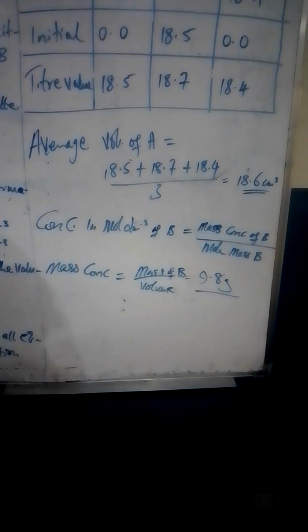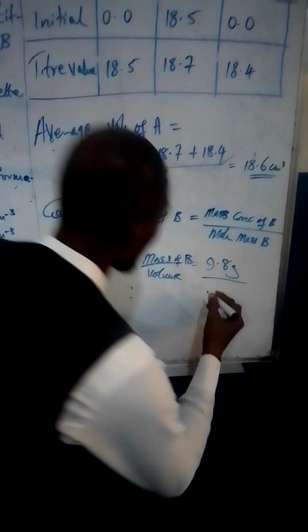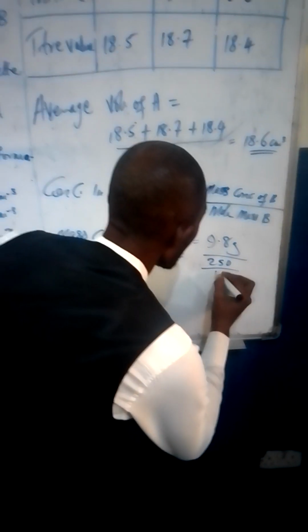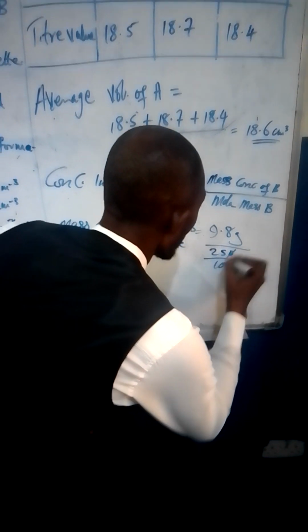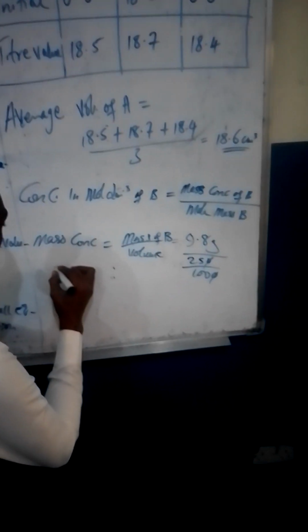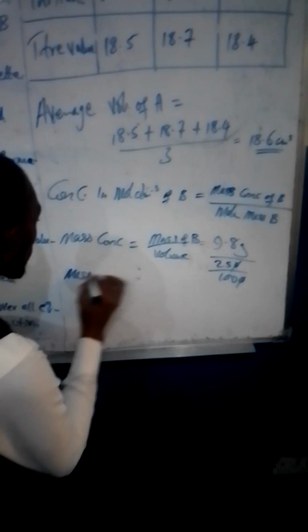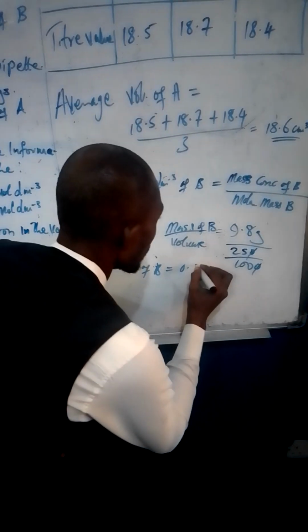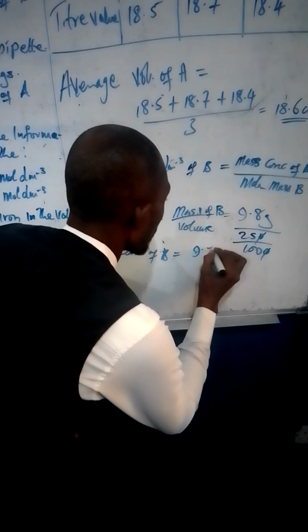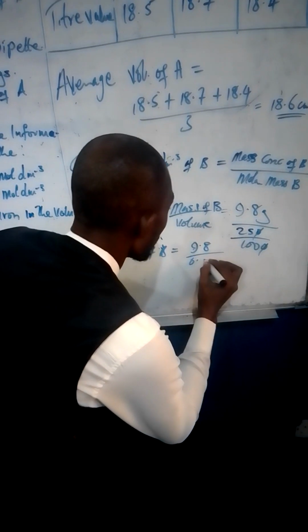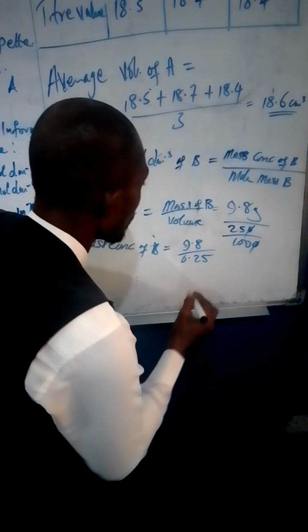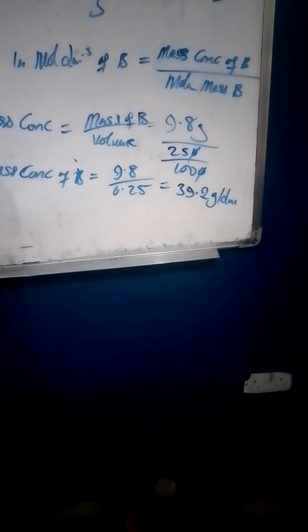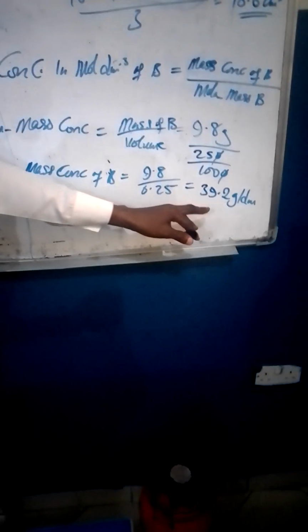You divide 250 by 1000, zero will cancel zero, giving 0.25. So mass concentration of B is equal to 9.8 over 0.25, which is 39.2.